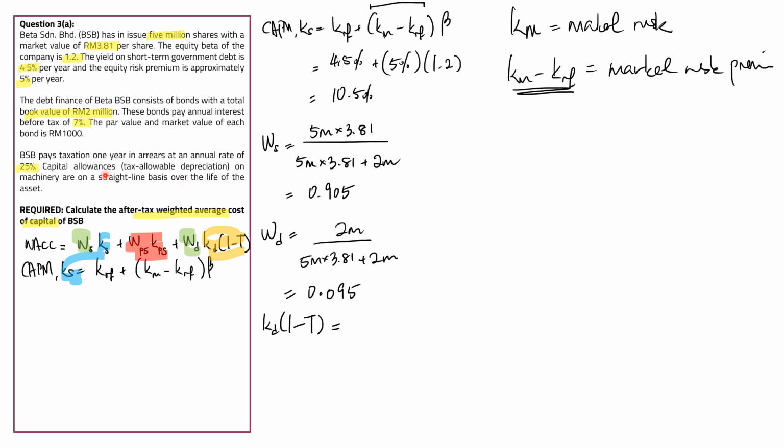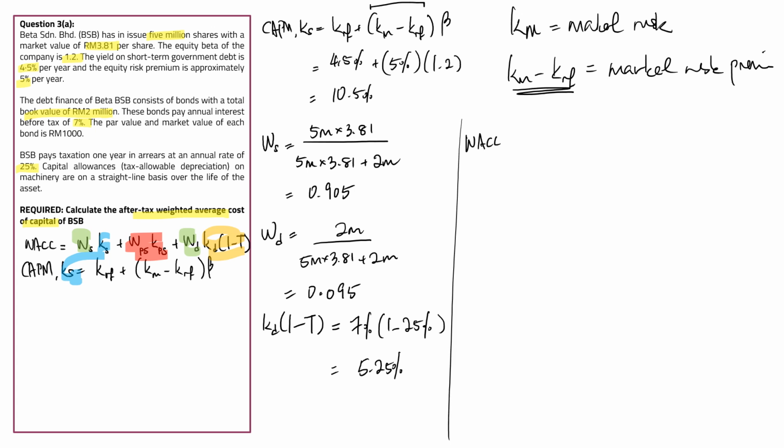I'm not sure why the question talked to us about 1 year in arrears or capital allowances or straight line basis, because depreciation doesn't seem to be related to the calculation of WACC, so let's just ignore it. So KD is 7% times 1 minus 25%. This is the after-tax rate. And we will get 5.25%.